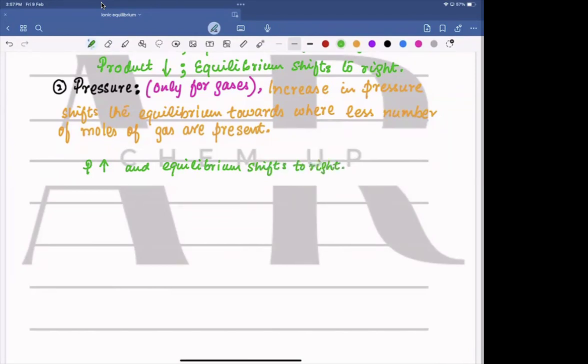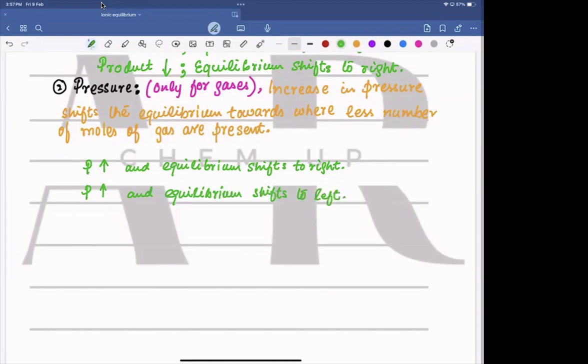So there are two possibilities. Either this will happen, or if we increase the pressure, we observe that equilibrium shifts to the left.